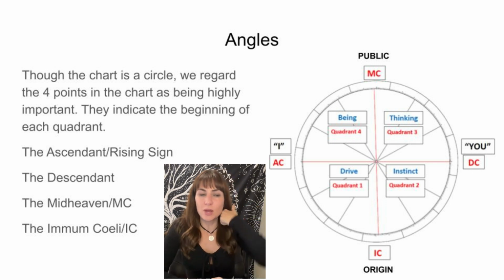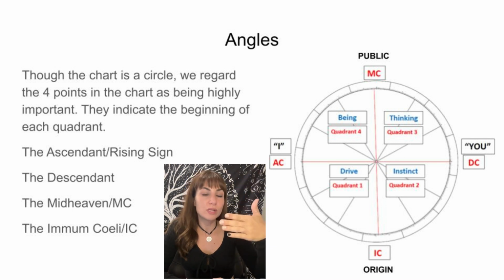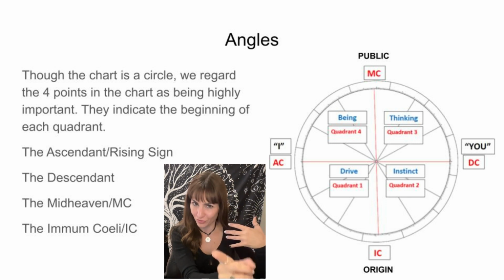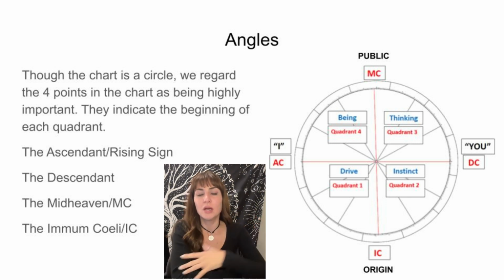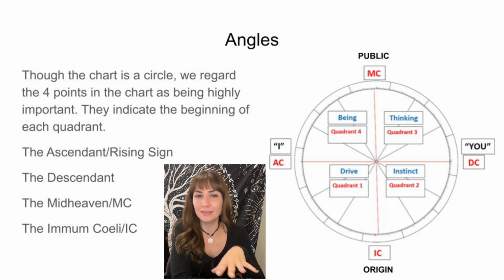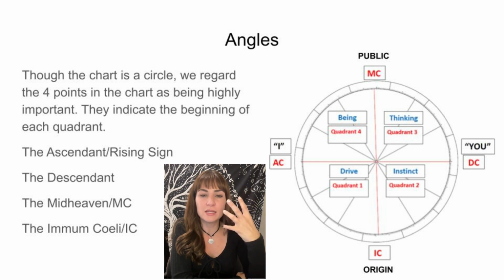I describe it this way. It is the lens through which you view the world and how people, when they first meet you, are going to view you. I personally do not refer to it as the mask that we wear. A lot of people in modern astrology will say that. I hate that, and yes, I use such a strong word, because it gives the idea that it is just some mask we put on that's not us.